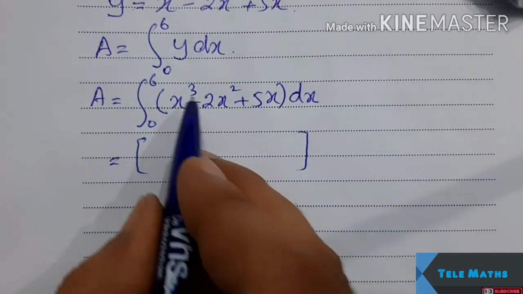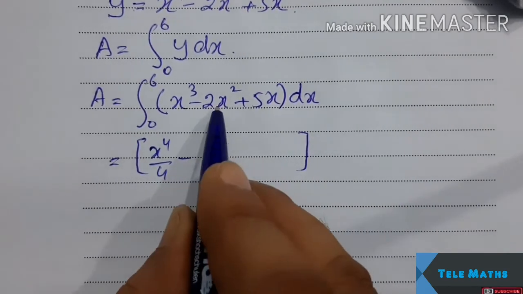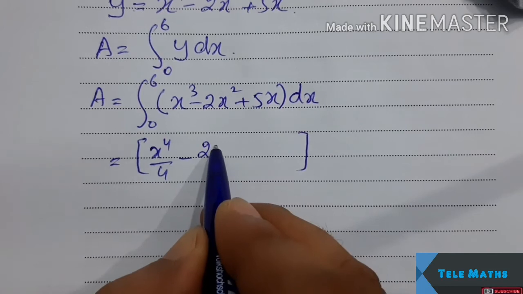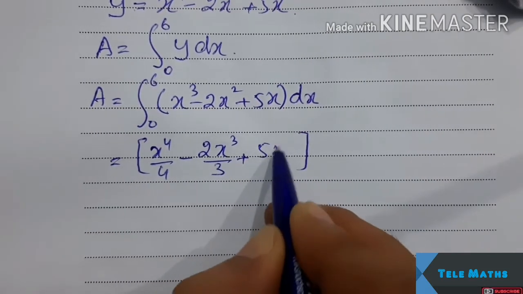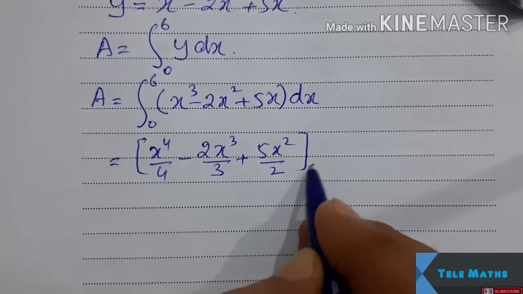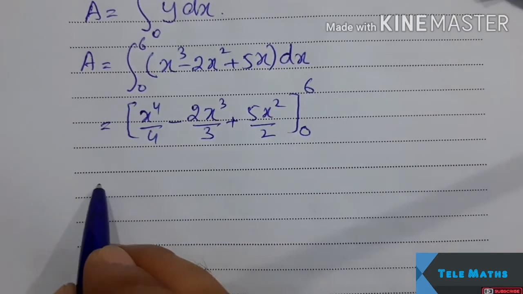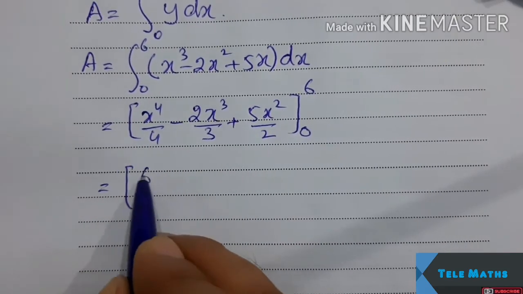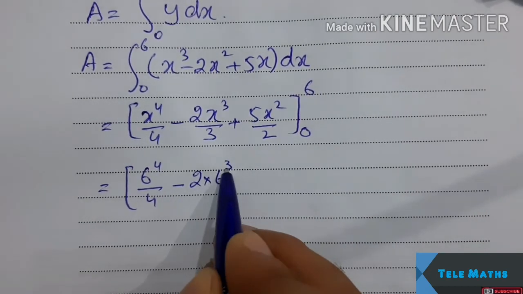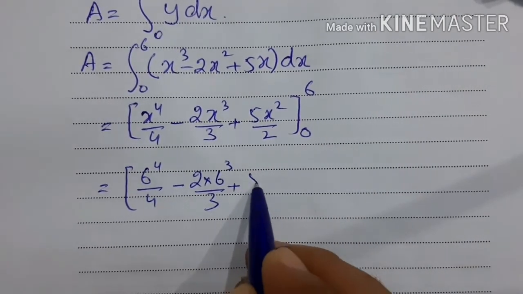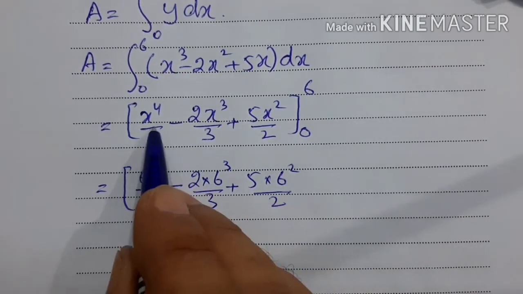So x cube integrates to x to the power 4 over 4, minus 2 into x cube over 3, plus 5x square over 2, from 0 to 6. So put the limits. This will be 6 raised to power 4 over 4 minus 2 into 6 raised to power 3 over 3 plus 5 into 6 raised to power 2 over 2 minus 0.